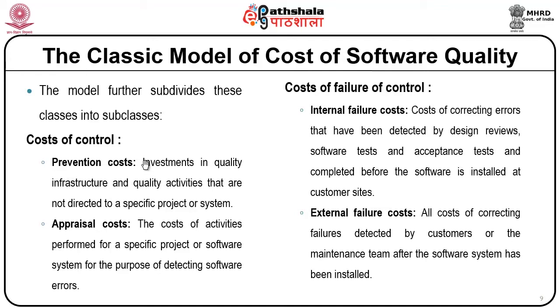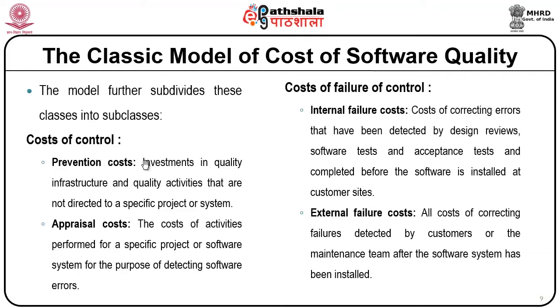Coming into prevention costs, investments in quality infrastructure and quality activities that are not directed to a specific project or system. Appraisal costs, the costs of activities performed for a specific project or software system for the purpose of detecting software errors.